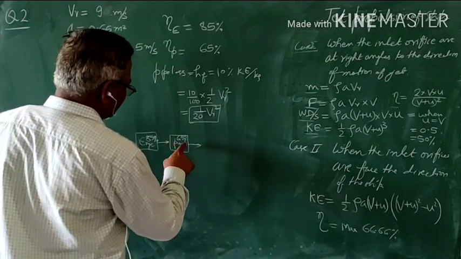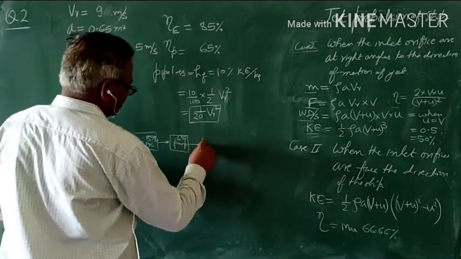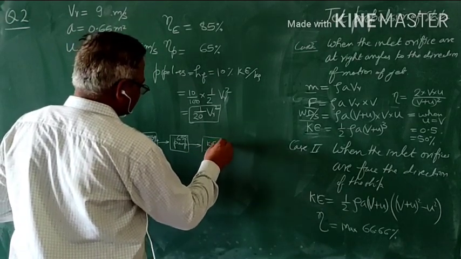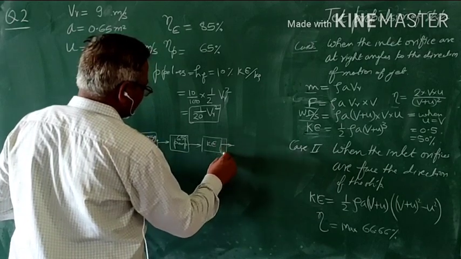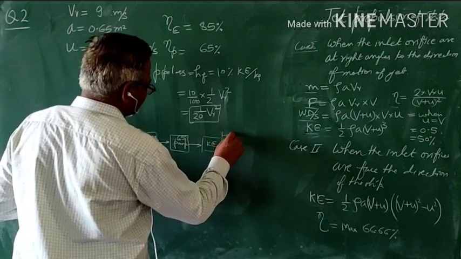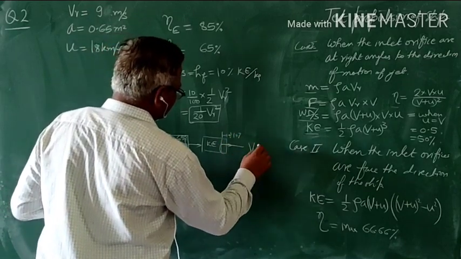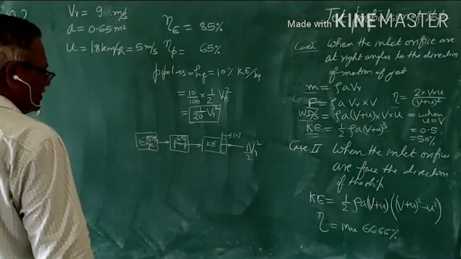So 65% of it will be supplied to the water. So here you will have the kinetic energy, and before the water goes out, you will have a loss of 10%. Then here you have VR square by 2. This is the kinetic energy you have.